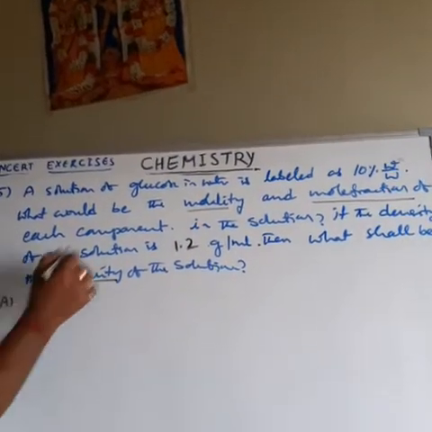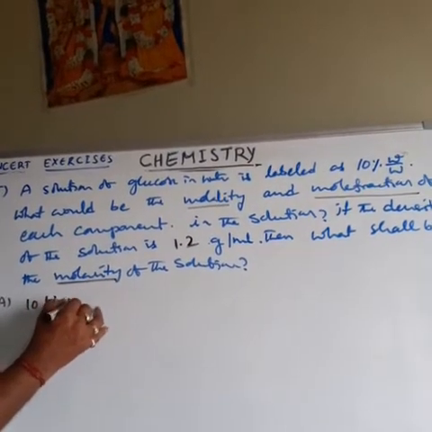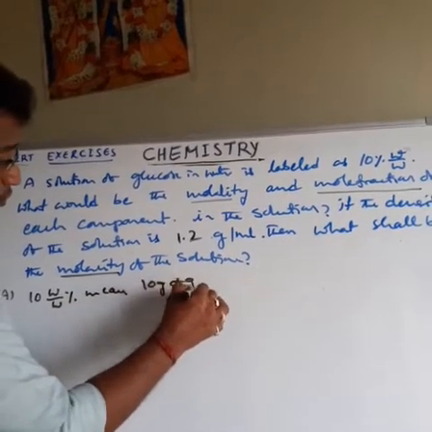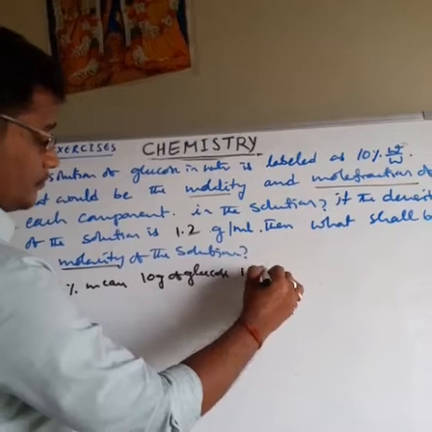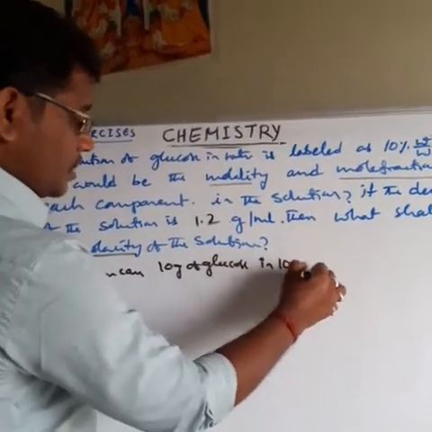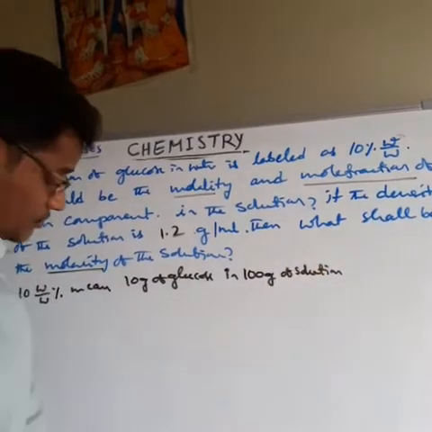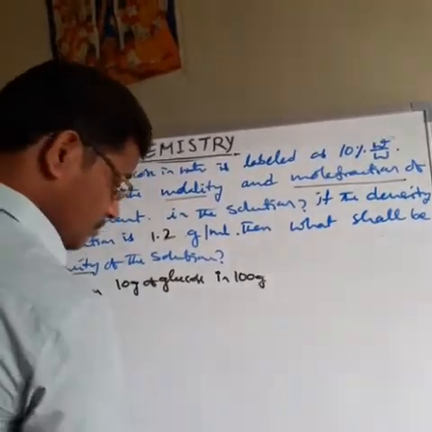Let us see the first. 10% weight by weight means 10 gram of glucose in 100 gram of solution. Your solution is nothing but 100 gram of solution.